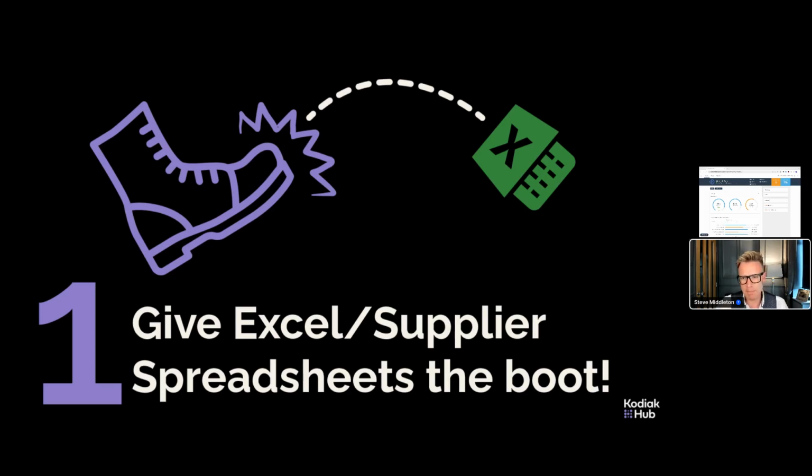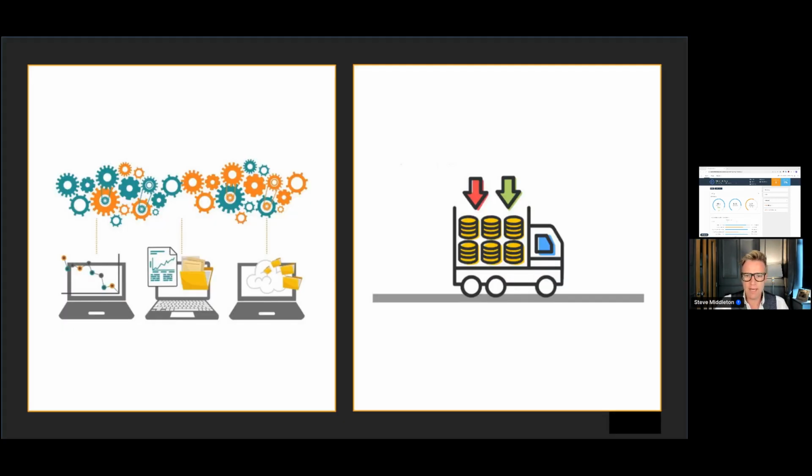So let me expand. In today's purchasing landscape, the data that we need to support our purchasing decisions will come from various sources. When I speak to clients of Kodiak Hub, when I speak to prospective clients and I'm introducing them to our technology, they often talk about the challenge of siloed, scattered data.